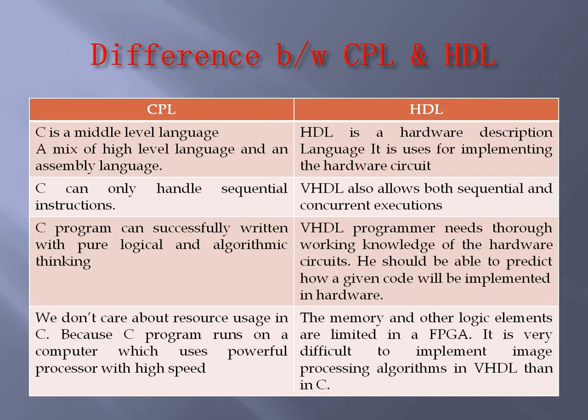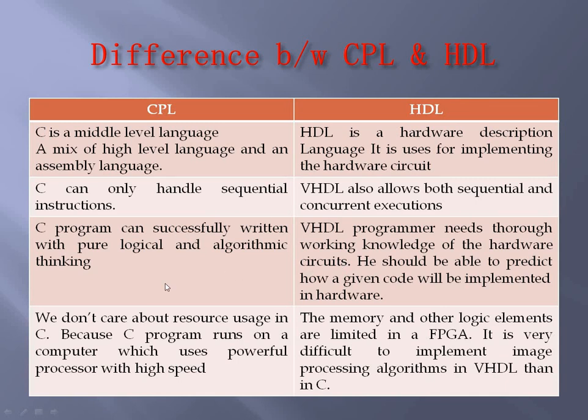C can only handle sequential instructions, but VHDL, which is one of the HDL languages, allows both sequential and concurrent execution. A C program can be successfully written with pure logical and algorithmic thinking, whereas a VHDL programmer needs thorough working knowledge of the hardware circuits.